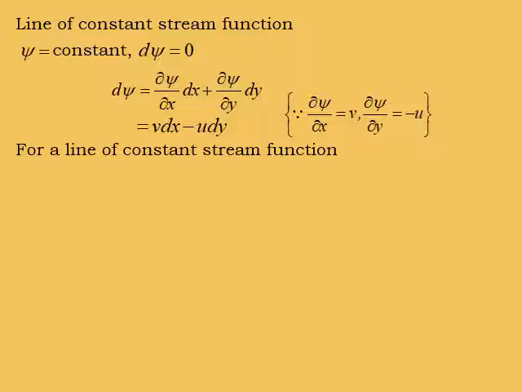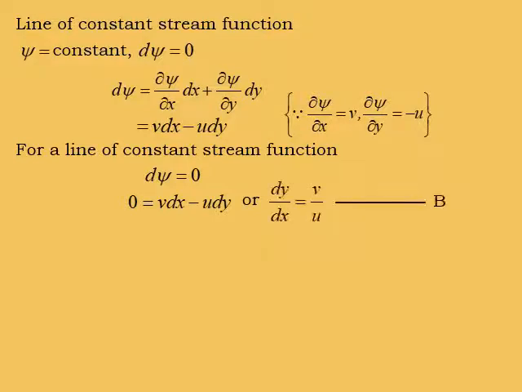So for a line of constant stream function, dψ is equal to 0, that is 0 is equal to v dx minus u dy, or dy/dx is equal to v/u. So that is the second expression b.